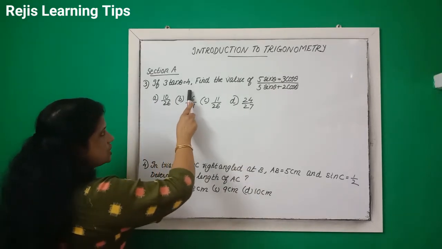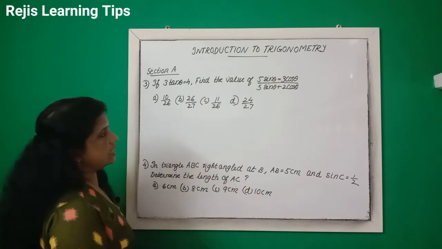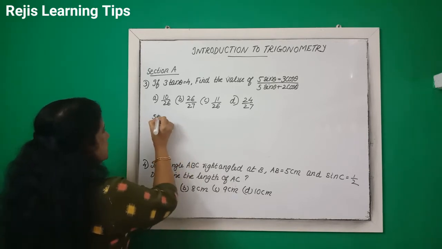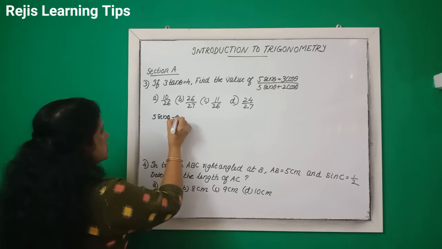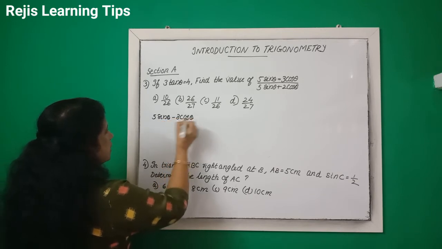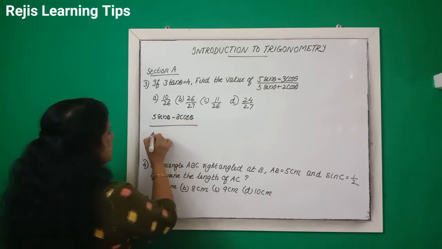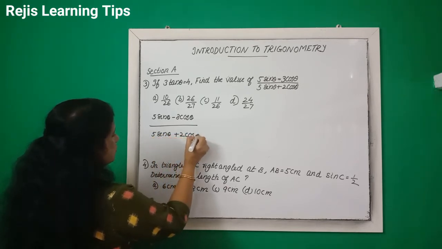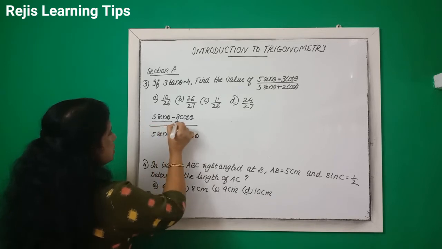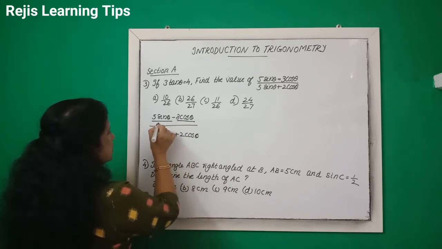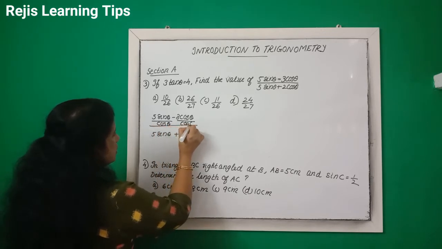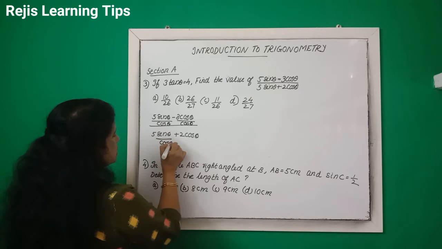Then third question. If 3 tan theta is equal to 4, find the value of 5 sin theta minus 3 cos theta divided by 5 sin theta plus 2 cos theta. Okay, you can divide this numerator and denominator separately by cos theta.